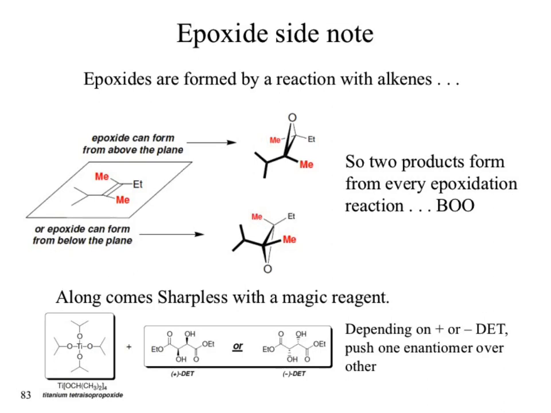Until some nice guy by the last name of Sharpless comes along with a magic reagent known as Sharpless reagent. The Sharpless reagent is a mixture as shown down below with plus DET or minus DET. The plus and the minus are referring to optical activity.